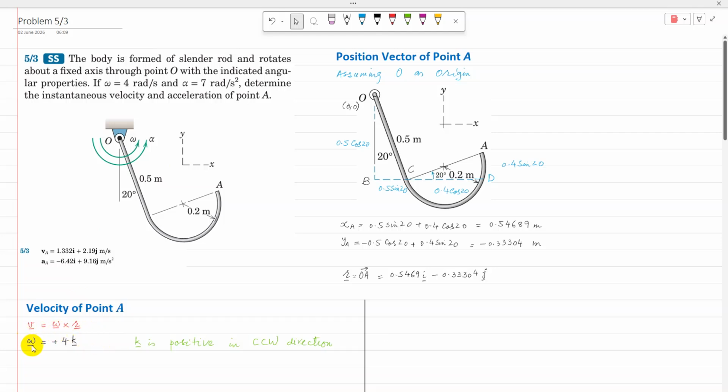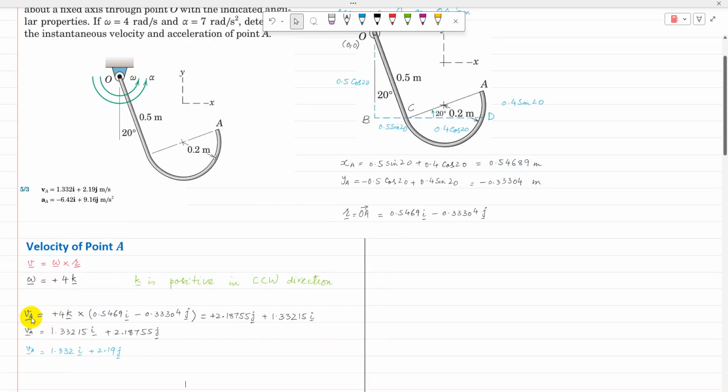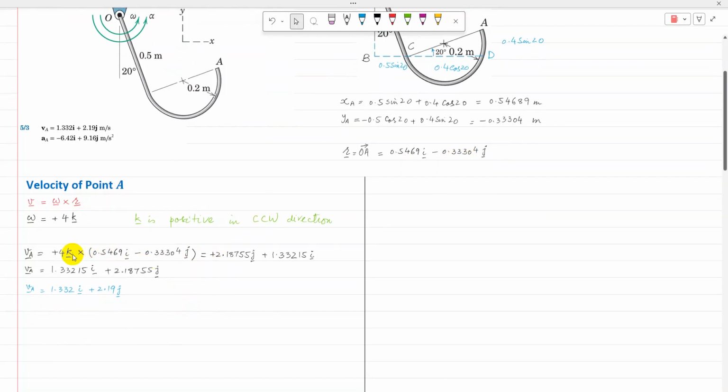After substituting the values of omega and r into the equation, the velocity of A can be found. So velocity at point A is 4k cross r. r is 0.5469 i minus 0.33304 j, and then multiplying it, k cross i is plus j and k cross j is minus i.